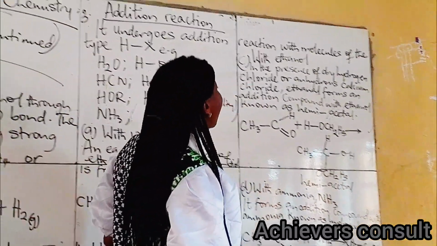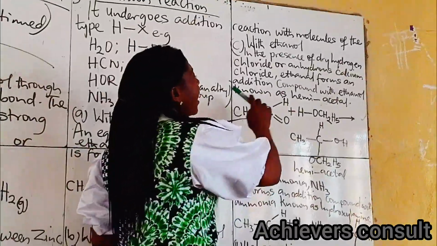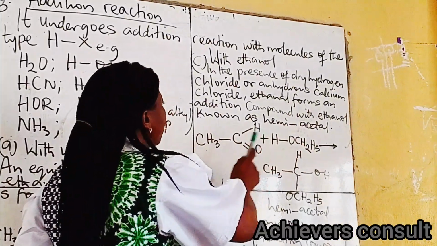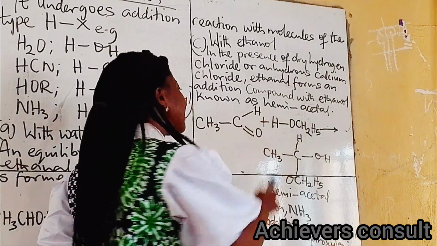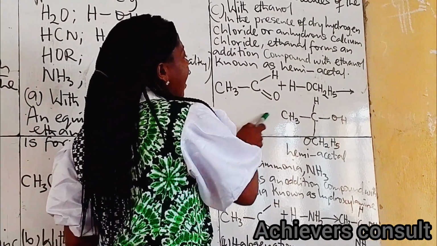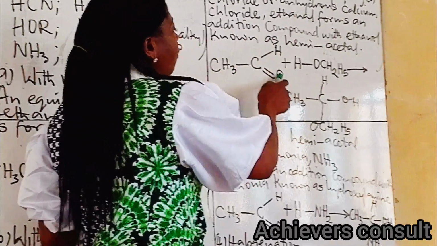Then addition reaction with ethanol. In the presence of hydrogen chloride or anhydrous calcium chloride, ethanal forms an addition compound with ethanol known as hemiacetal. Now this is ethanal, this is the alkanal functional group.